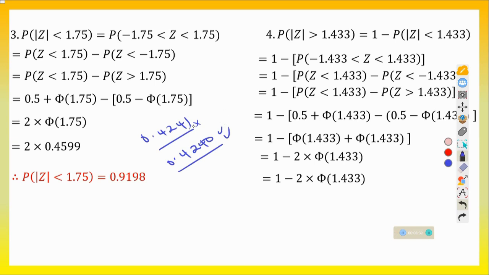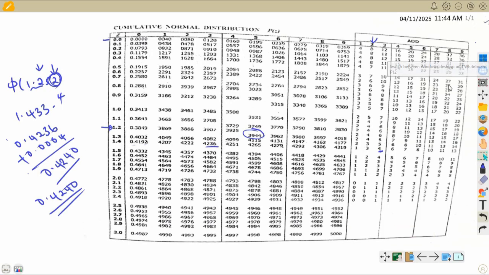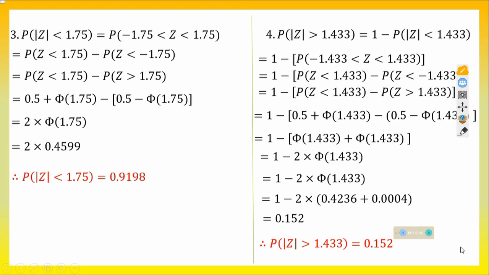On rounding off to 4 decimal places, you have to be keen to know how and when you are supposed to round off. So this is the value we got directly, then this is the value from the additional table, and we should be able to get that answer there. That is what we obtain when we are dealing with such numbers.